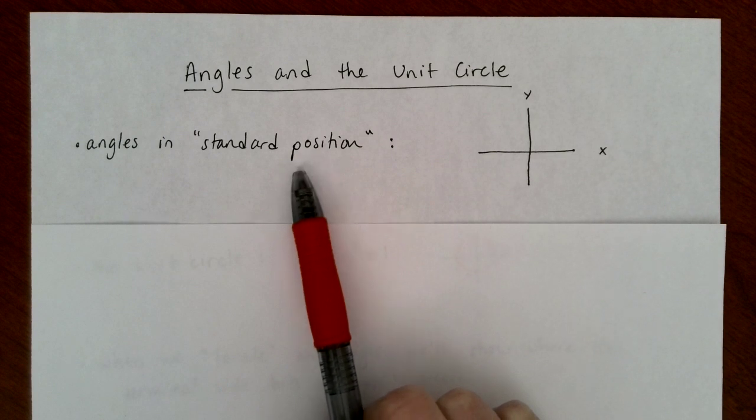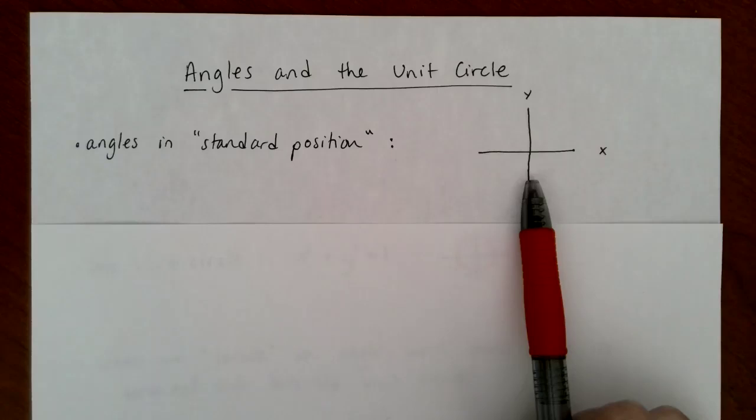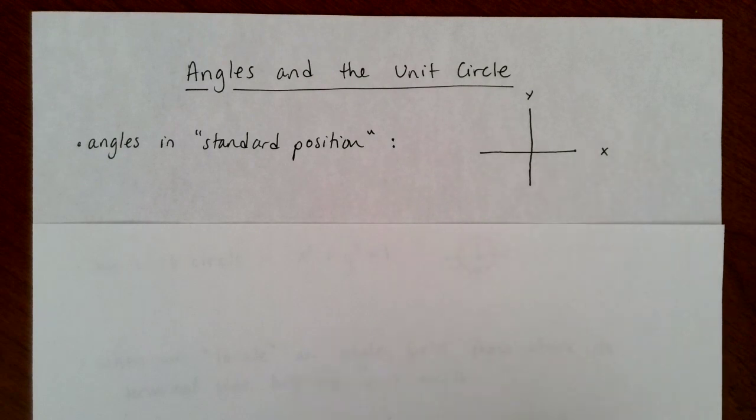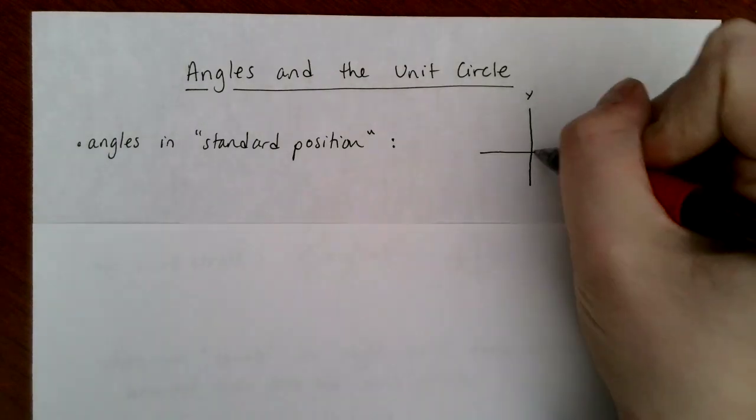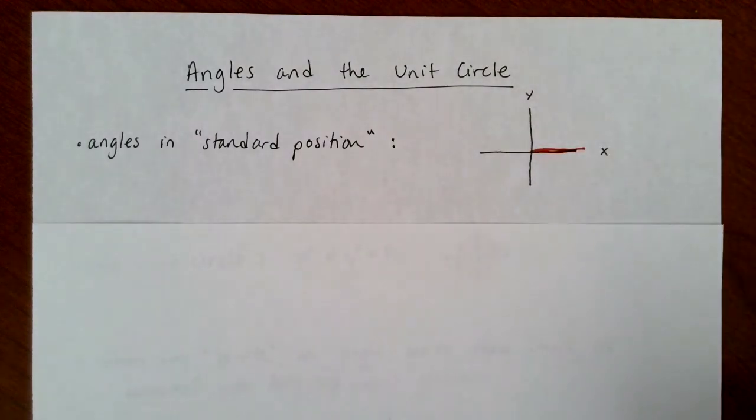So in standard position, there's some specific guidelines that we follow so that we can show an angle in the XY plane in a very consistent manner. So first thing about standard position, if we're in the XY plane showing an angle, is where all angles start, which is going to be right here, the positive x-axis.